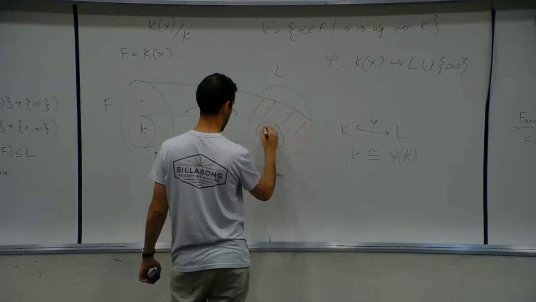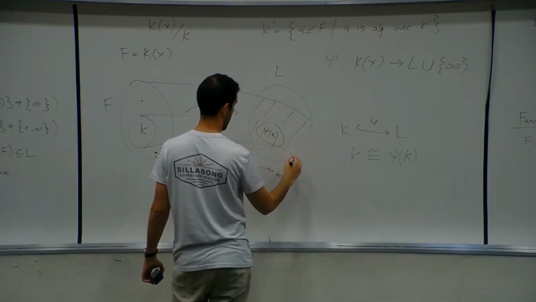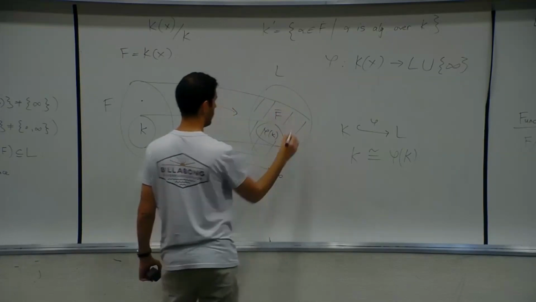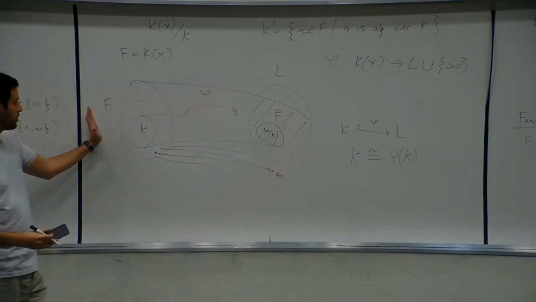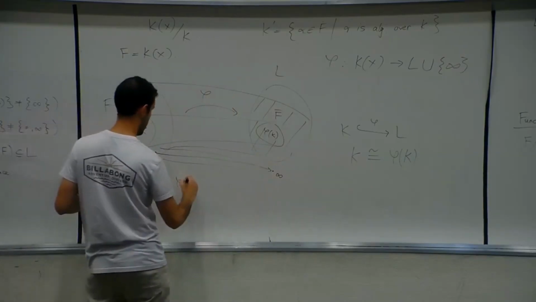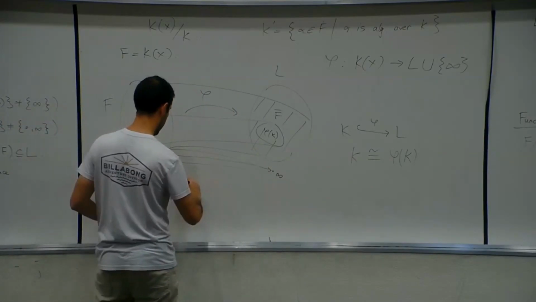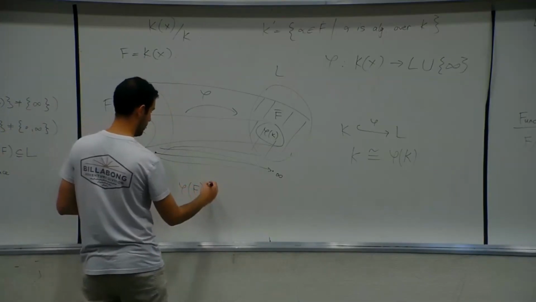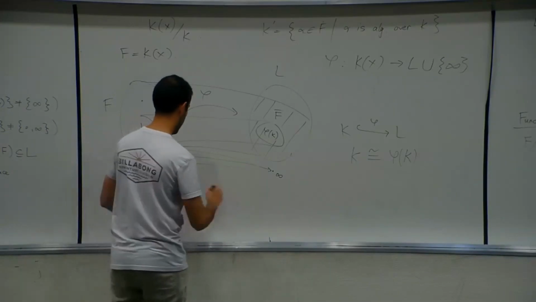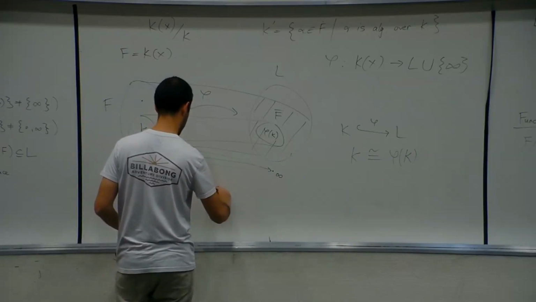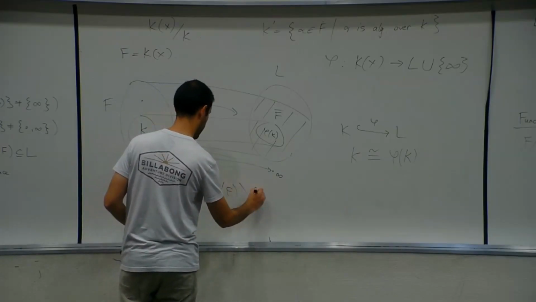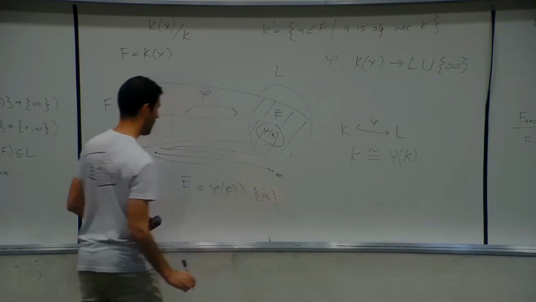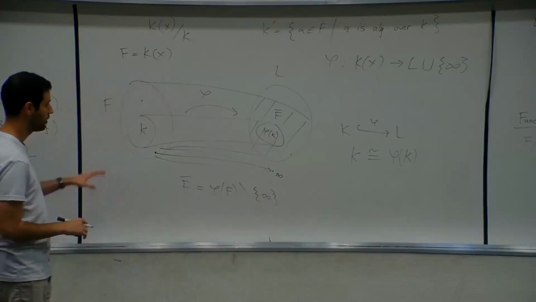This is F bar. So the image of F, all right, what is F bar? It's the image of F, L union infinity.